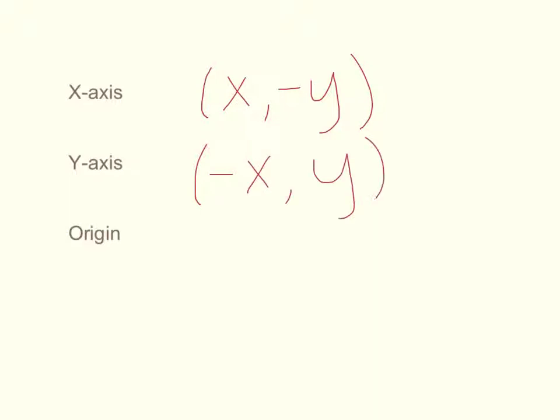So, in summary, if you have x-axis symmetry, for every point (x, y), there is a point (x, negative y). For y-axis symmetry, for every point (x, y), there is a point (negative x, y). And for symmetry with respect to the origin, for every point (x, y), there is a point (negative x, negative y).